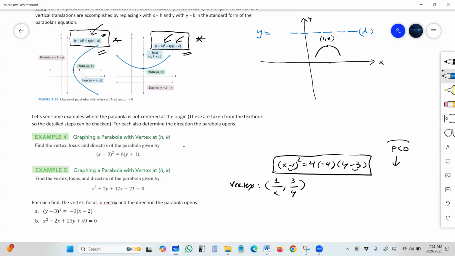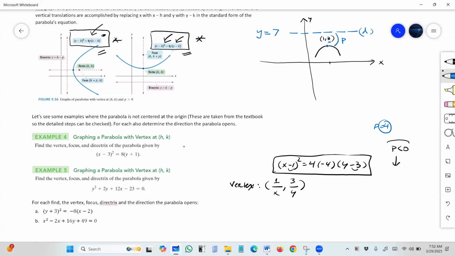Now, this distance from the vertex to the directrix is p units, so the absolute value of p. p is -4, but in absolute terms, it's 4. So I go above 4 units from my location, which is the y value of 3. So this is y equals 7.